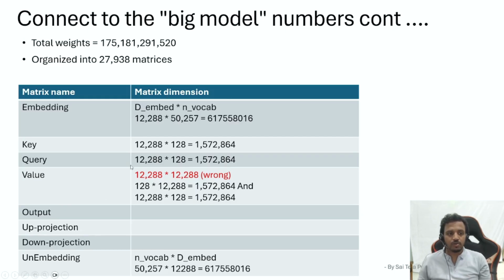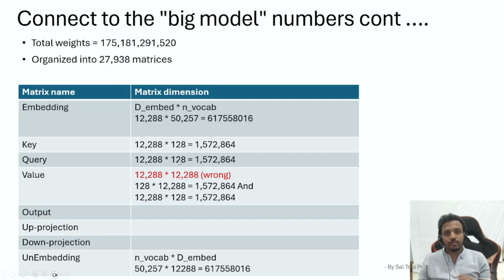We have 12,288 dimensions for GPT-3, and we are multiplying it with 128 because the matrix is of that dimension, and we create the dimensions in such a way that key and queries match, and later we do the matrix multiplication with the values. So the dimensions are 12,288 by 128, and 12,288 by 128, some on the column side and some on the row side.